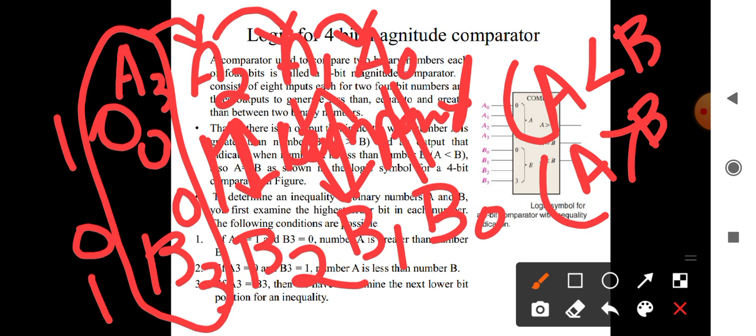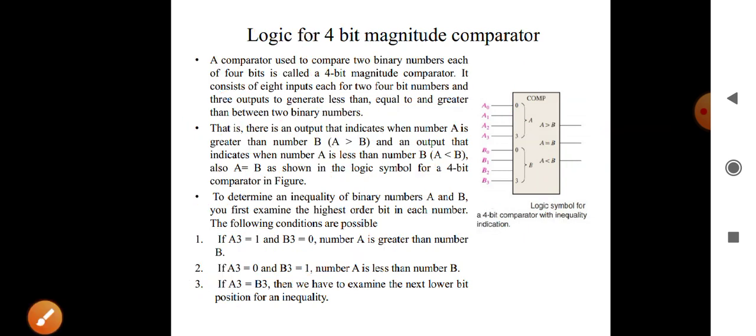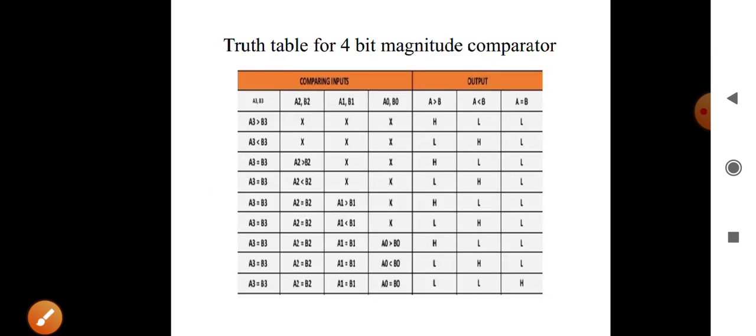If A0 is equal to B0, then it will give the decision that A is equal to B. So this is the condition here.